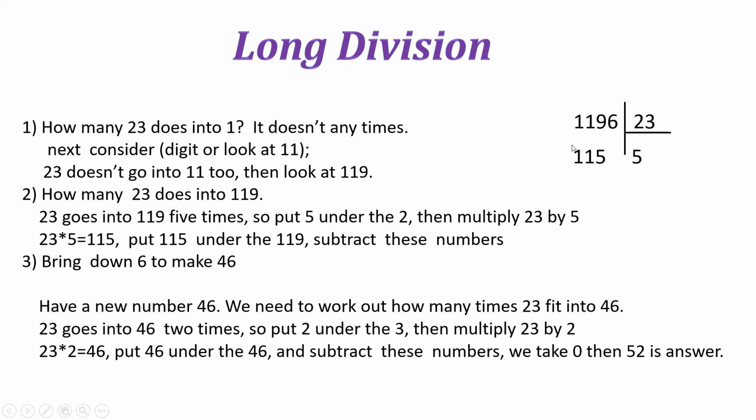Of course, starting with the left number of the dividend, how many 23 go into 1? Or we may say how many 23 in 1? It doesn't go any times. Next, consider this next digit.